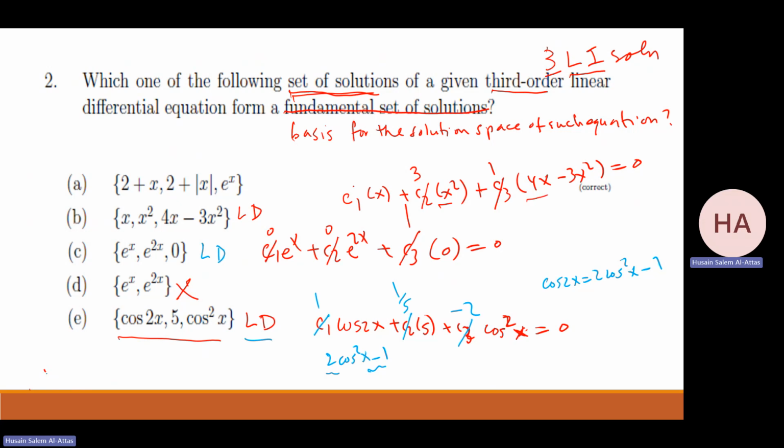I have 4 here, so I'll make C1 minus 4. So I have minus 4x plus 4x, this is 0. 3x squared minus 3x squared, this is 0. This is because we have two functions only. So for sure, they cannot form a basis for the solution space of a third order linear differential equation.